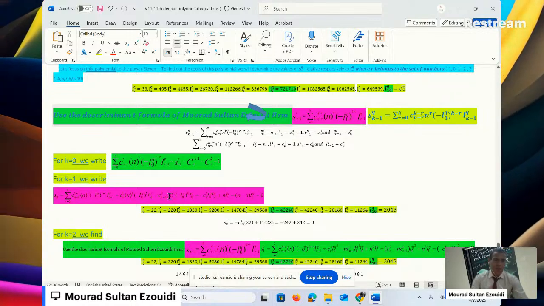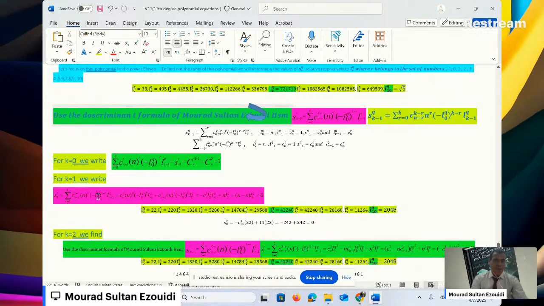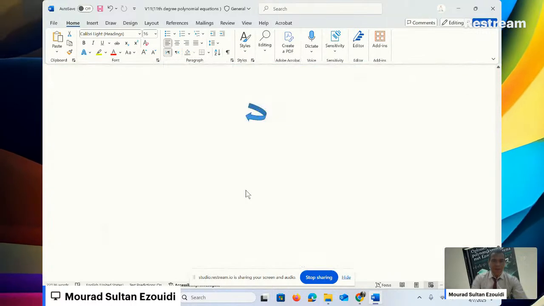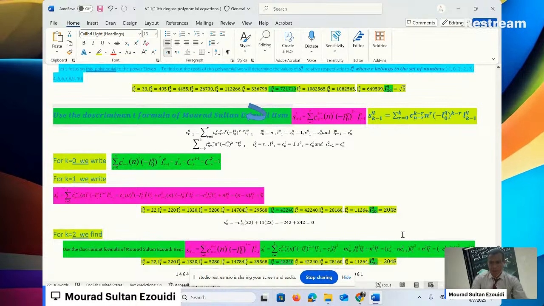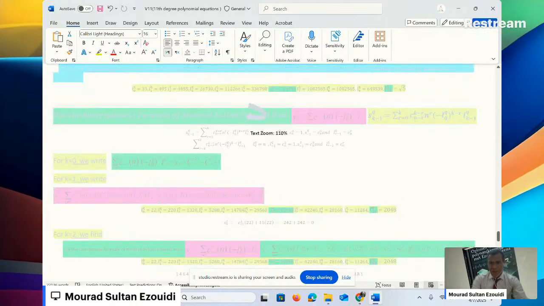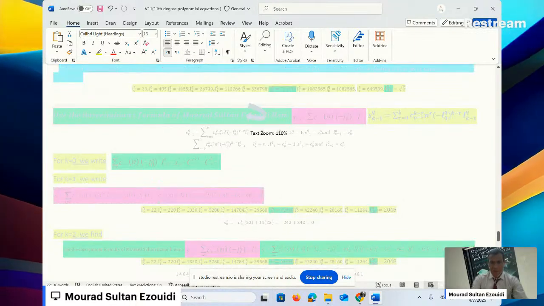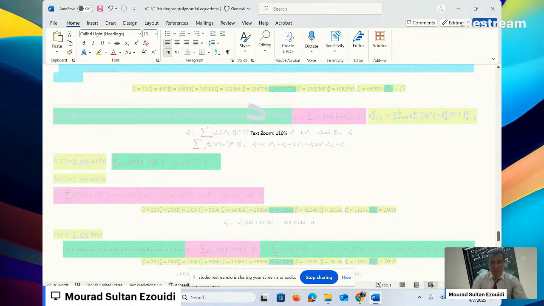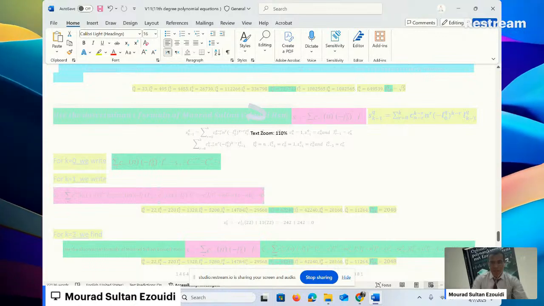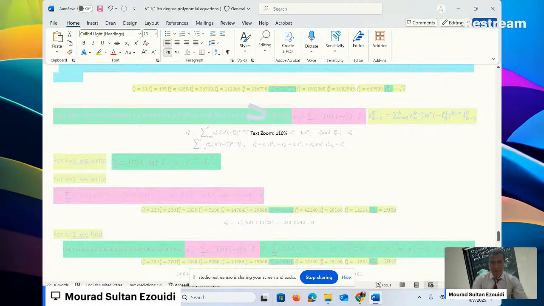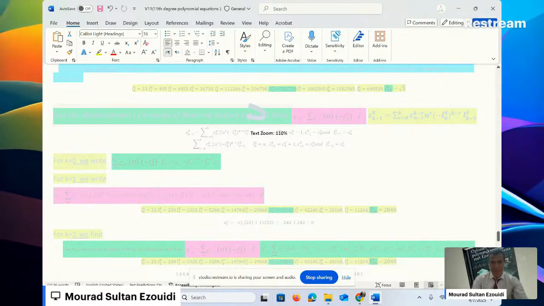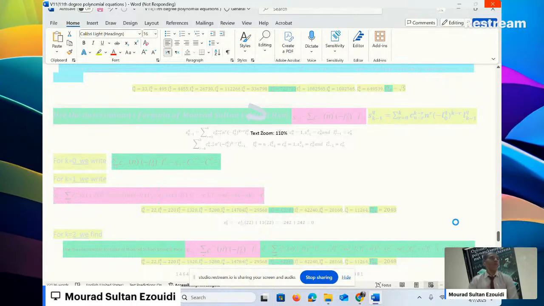So you can see that the sum... I will make it bigger, and we'll see if this is better for you. 110%. Let's see, we are still waiting.